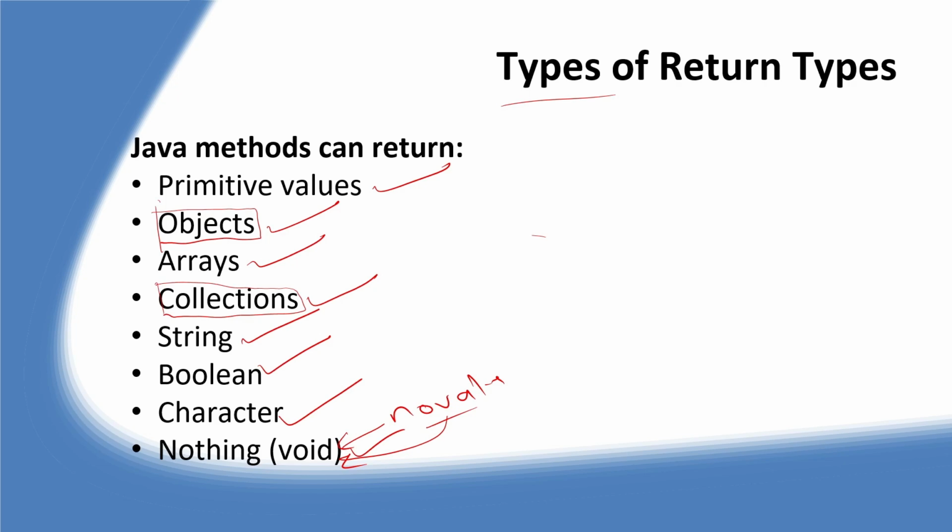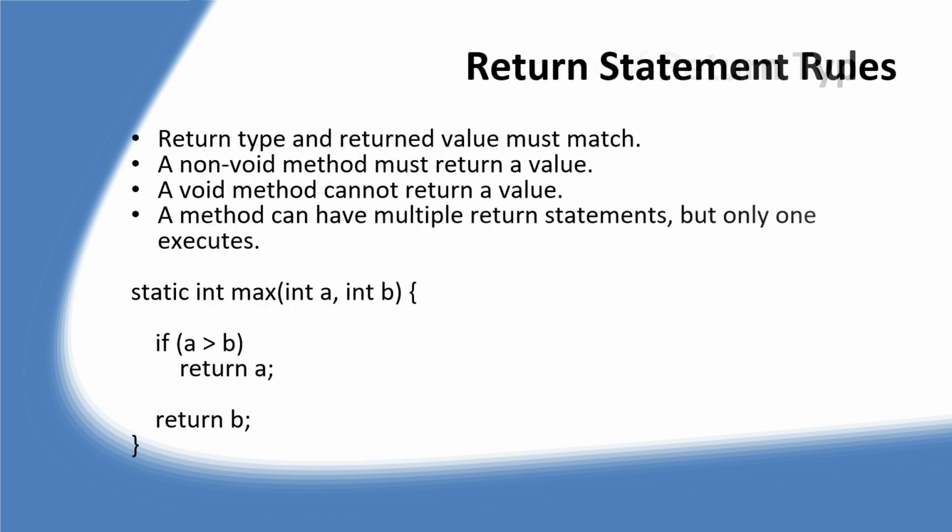Now, let's see the return statement rules. Java verifies that every return statement matches the declared return type. In this example, what is the return type of this method? Integer. What does Java verify?